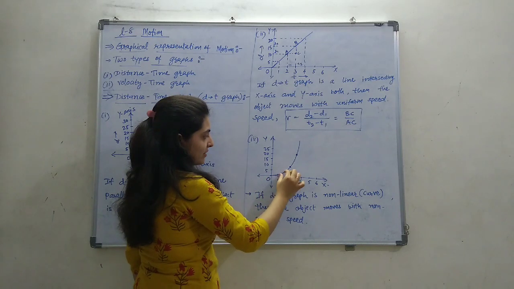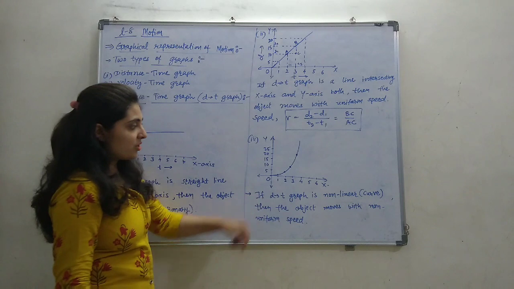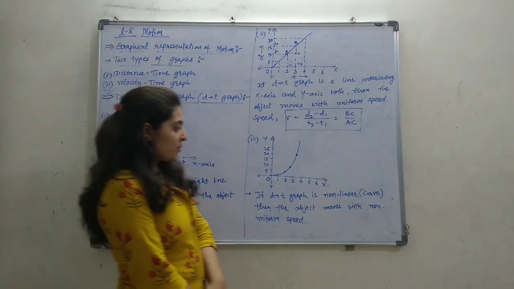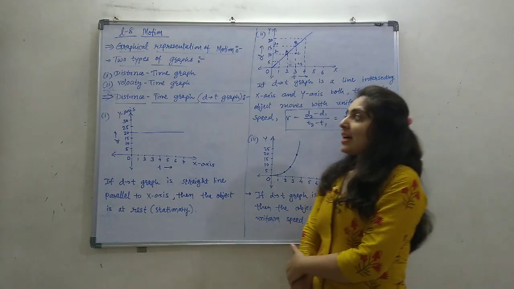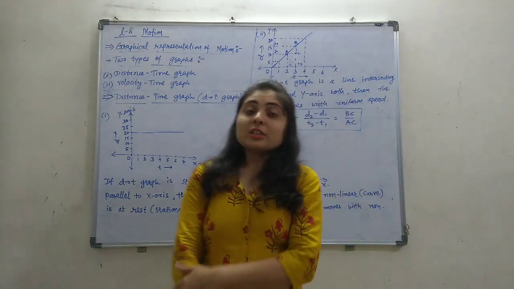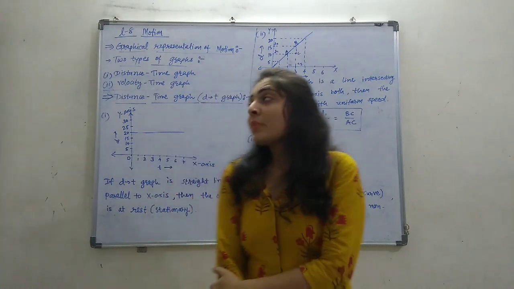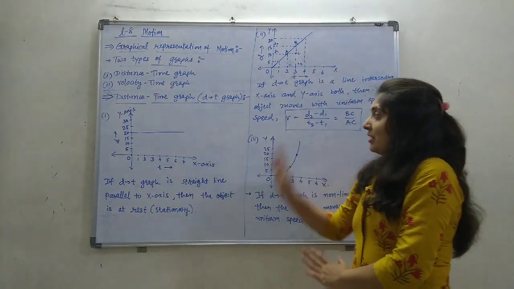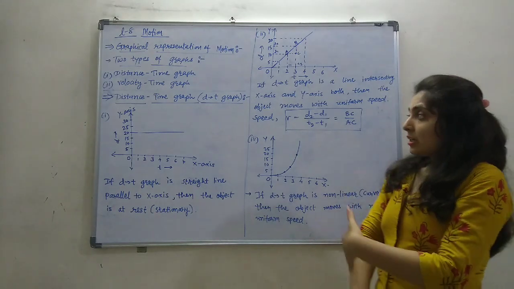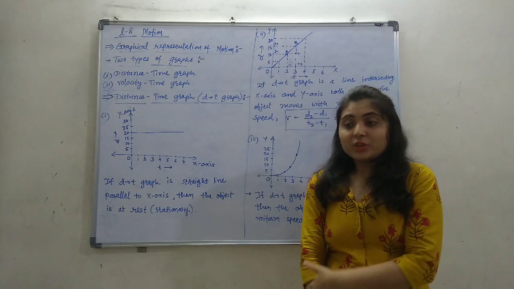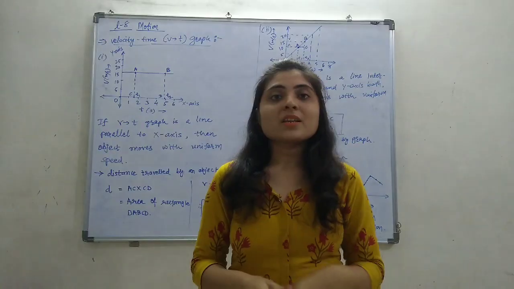Here very little distance, but here very much distance is traveled. So it represents non-uniform motion. By simply seeing the shape of the graph, we can describe the motion of the object.